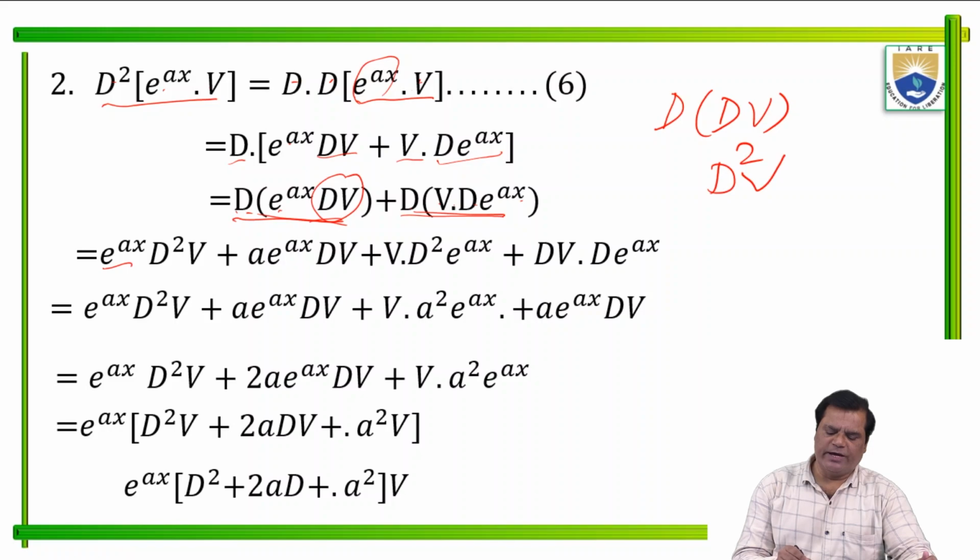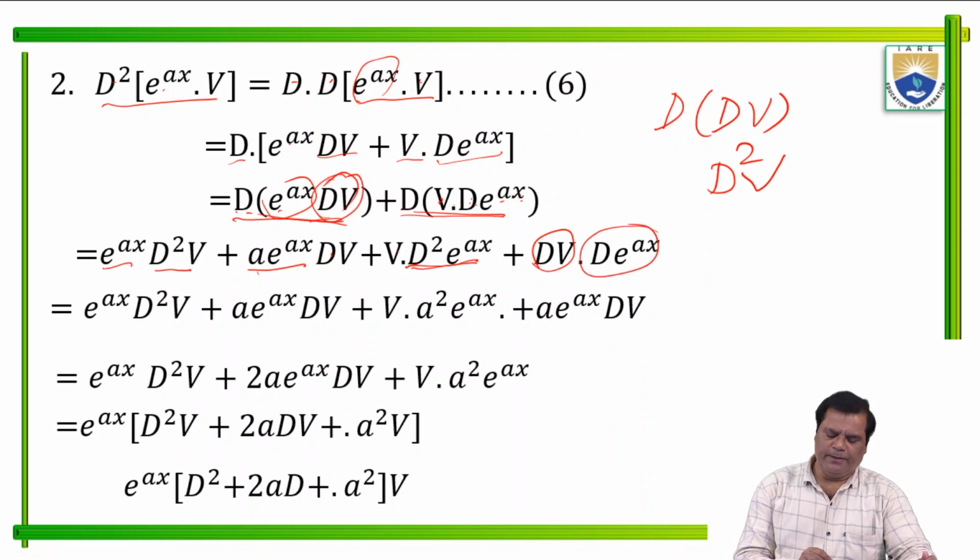Then Dv is constant with the differential of e to the power ax, which is a e to the power ax. Next, v is constant with D square of e to the power ax, plus Dv with D of e to the power ax.